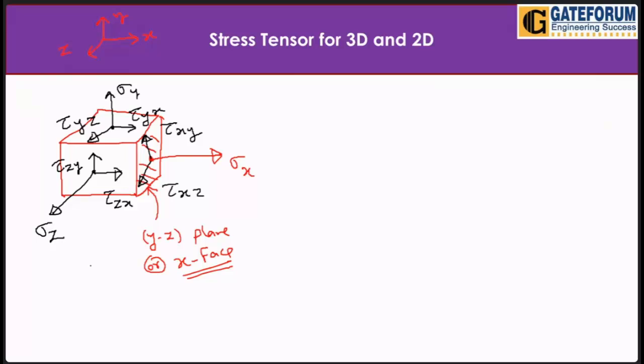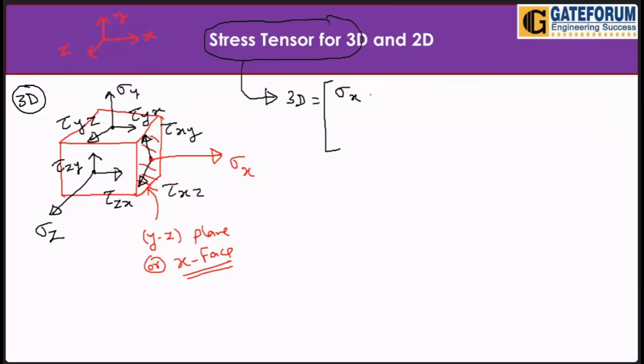So for 3D, there are a total of 9 elements, 3 on every face. The stress tensor for 3D can be written this way: first sigma x, then tau xy, then tau xz.